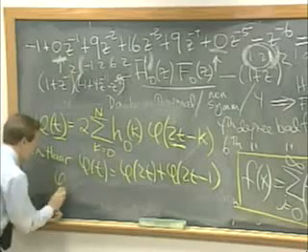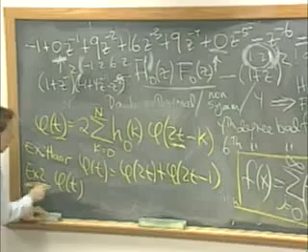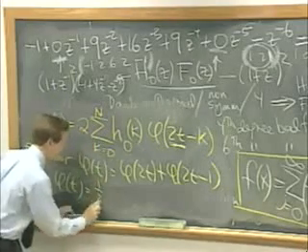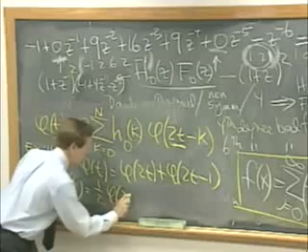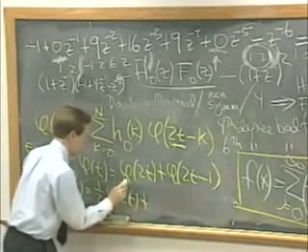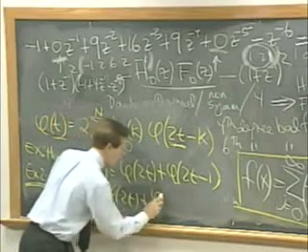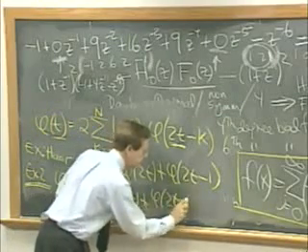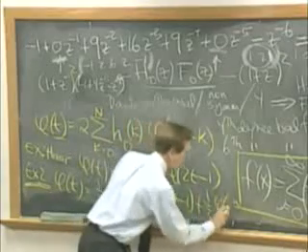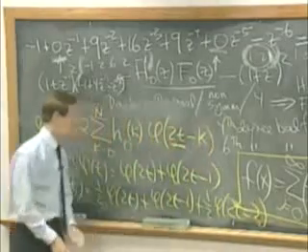So example 2: phi of t is 2 times 1/4, which is 1/2, phi of 2t, and 2 times 2/4 is 1, phi of 2t minus 1, and 1/2 phi of 2t minus 2.